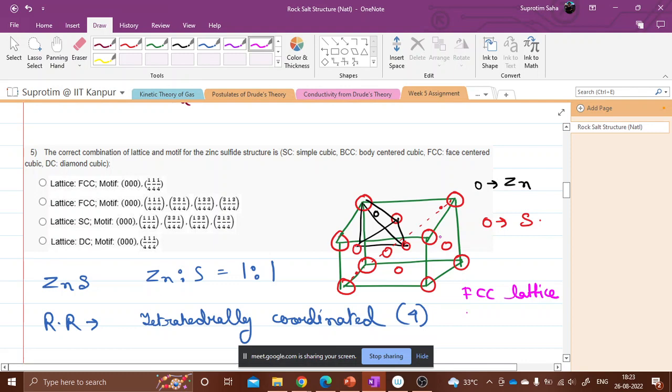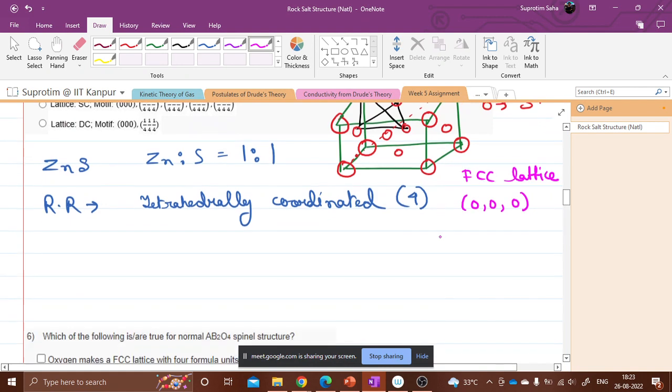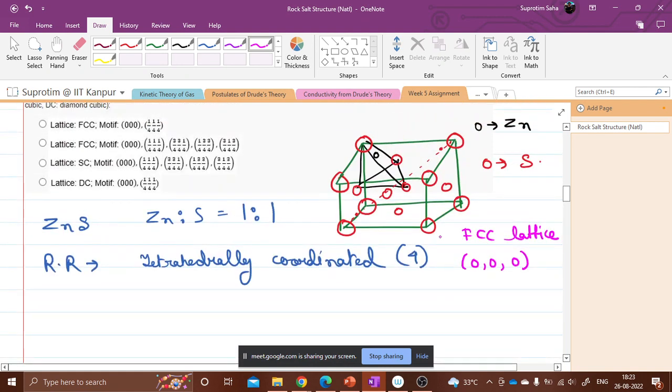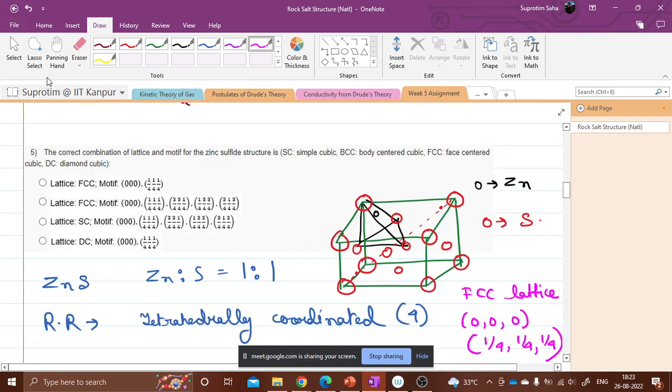your sulfur will be at 0, 0, 0, right? And your zinc will be at 1 by 4, 1 by 4, and 1 by 4. So this is the correct option: an FCC lattice with multiplier 0, 0, 0, and 1 by 4, 1 by 4, and 1 by 4.